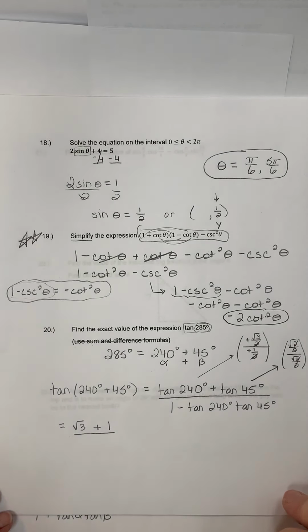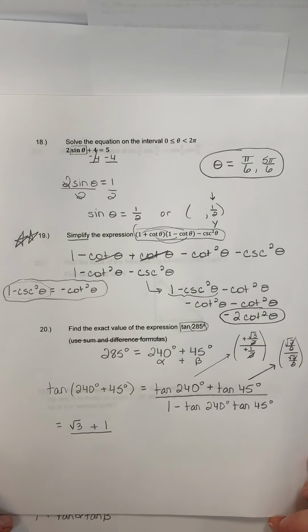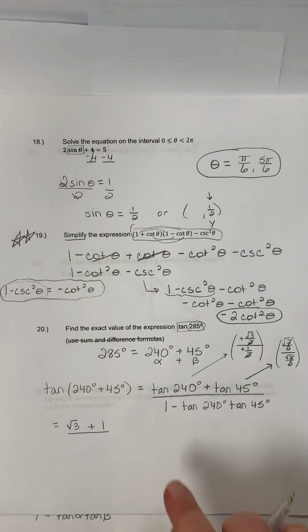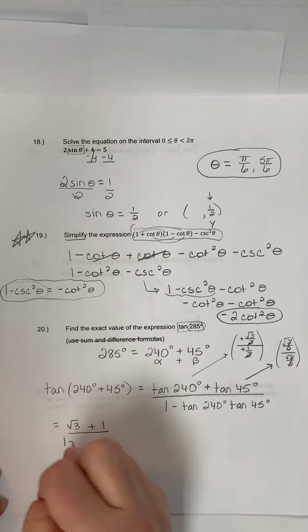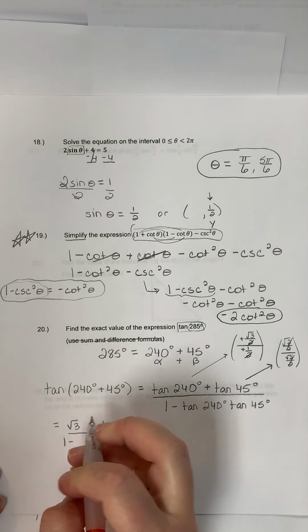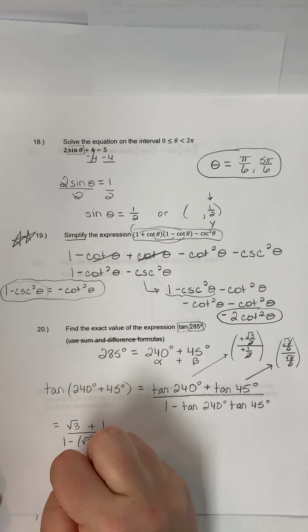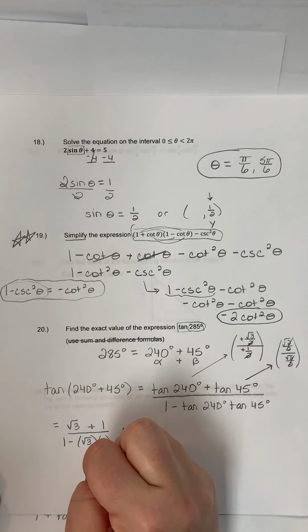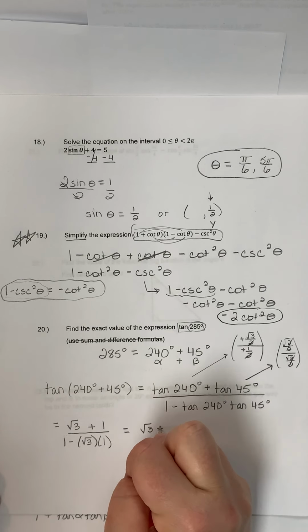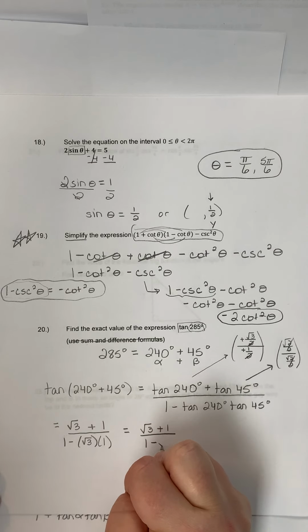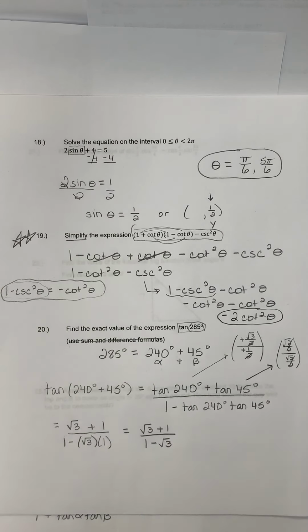Now for my denominator, I'm going to have 1 minus. We already said tangent of 240 was root of 3, and we already said tangent of 45 was 1. It's going to give me root of 3 plus 1 over 1 minus root of 3. All right, we can't be done.